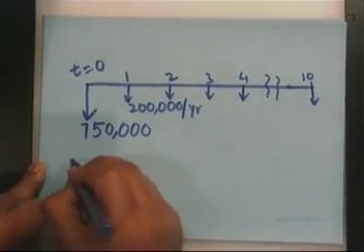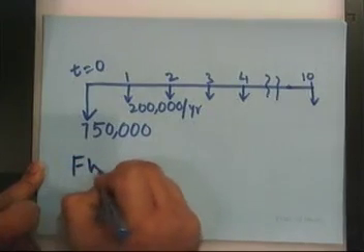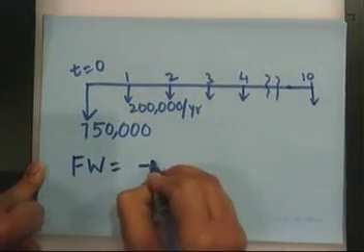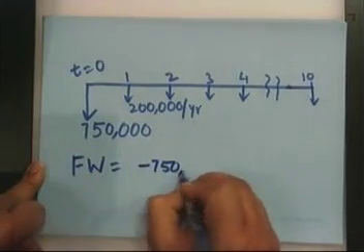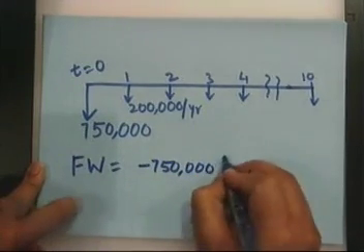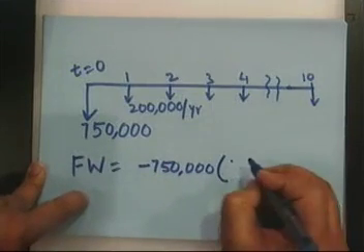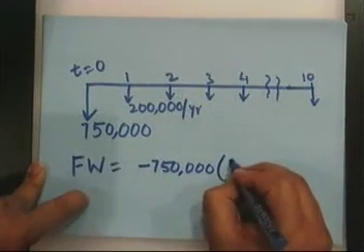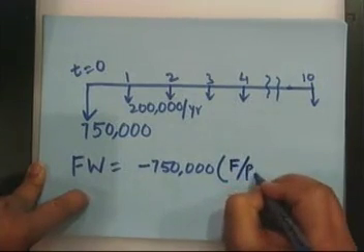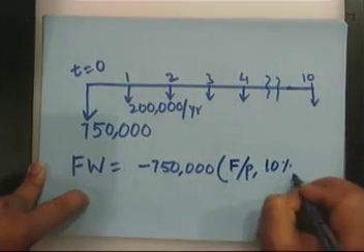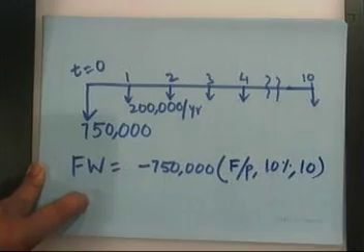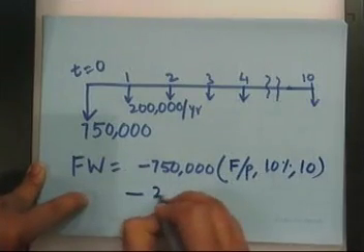Now, here also I will calculate the future worth in the same manner. It would be minus 750,000. I know P, I am interested in finding F. So, this would become F given P at 10% interest for 10 years, minus 200,000.